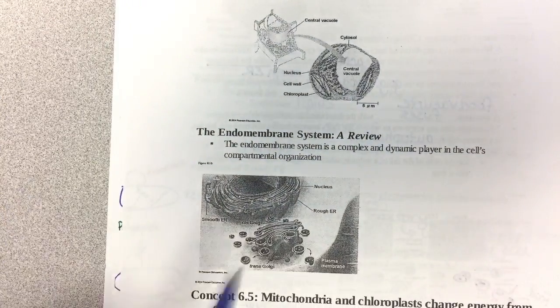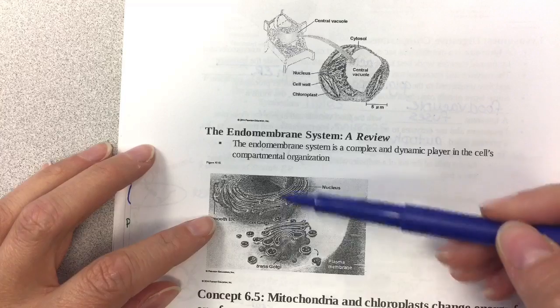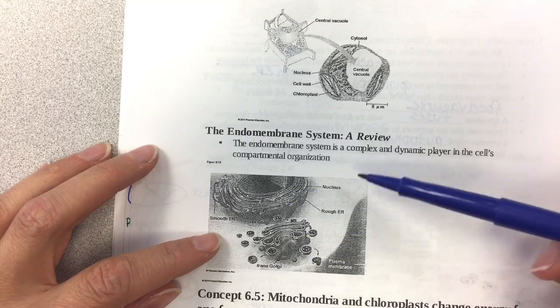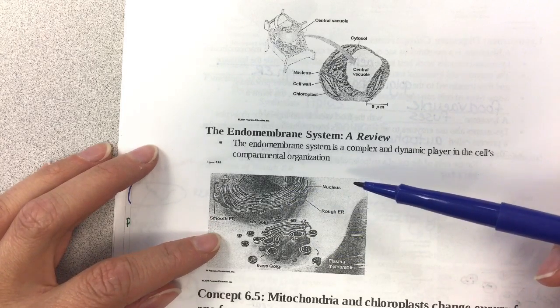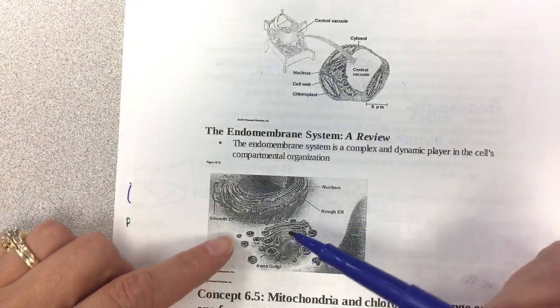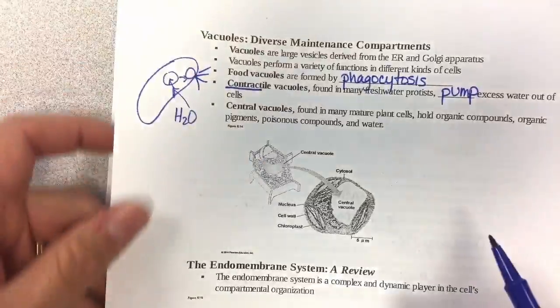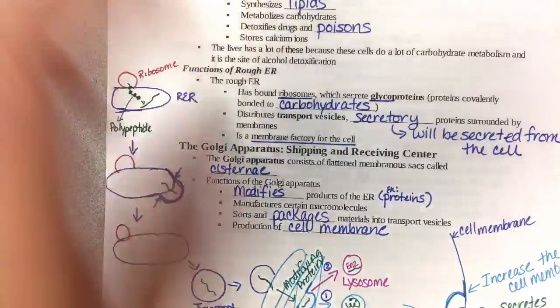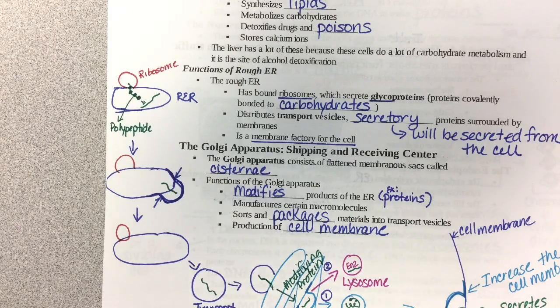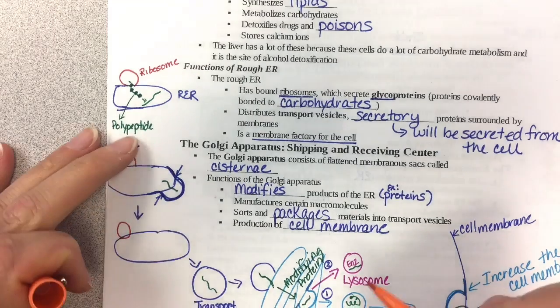So therefore, we have all of these organelles as part of our endomembrane system. And before I forget, the contractile and the central vacuole, since they're part of the endomembrane system, let's add them to this picture over here. Let's use orange here.